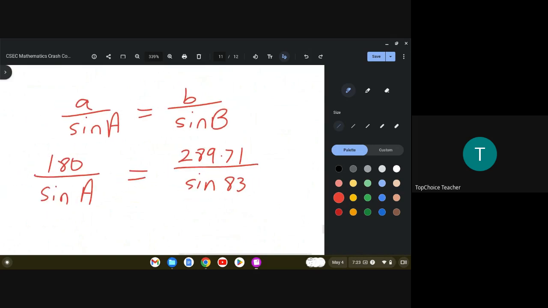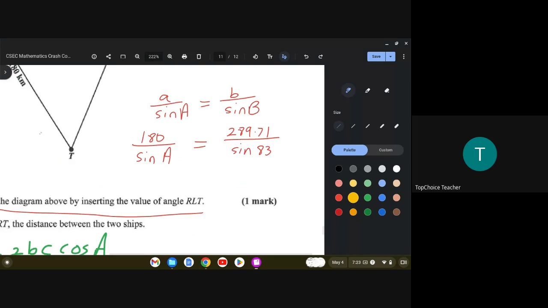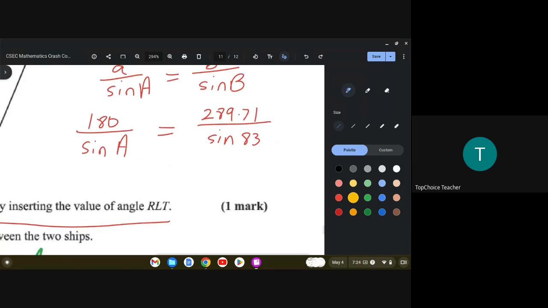Isn't the only variable here A? So what can we do to solve this? We could cross multiply. Now I shouldn't even have written it because I'm running out of space, so let me try to cross multiply it as linearly as possible. Let's just start with this numerator.